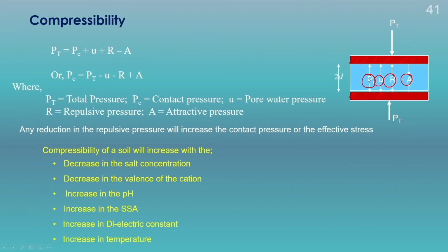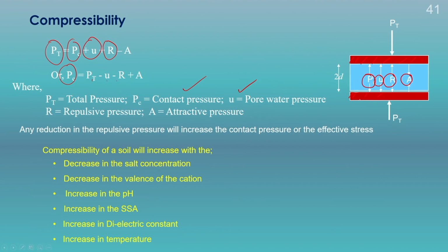So, when we apply a load PT, that will be taken by PC, which is the contact pressure, the pore water pressure U, the repulsive pressure R between the clay plates, and the attractive pressure A between the particles. In equilibrium state, PT equals PC plus U plus R minus A, or the contact pressure PC equals PT minus U minus R plus A.